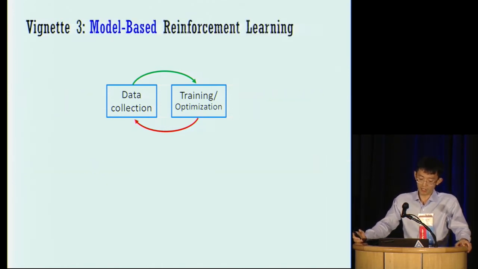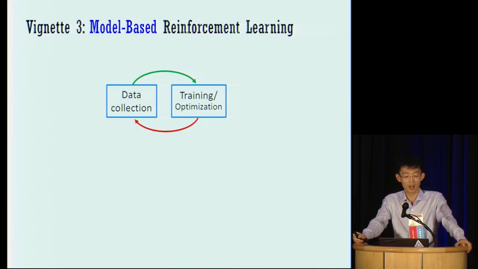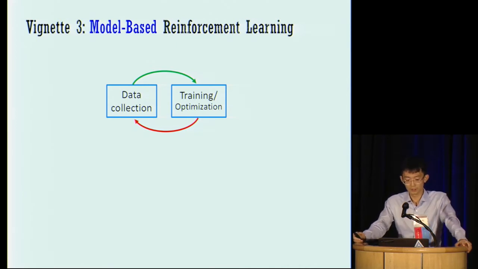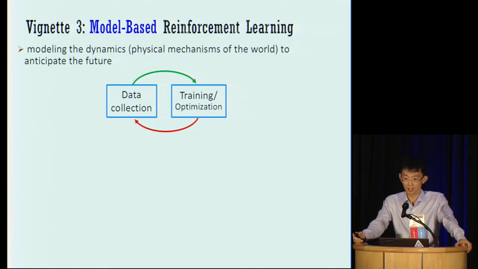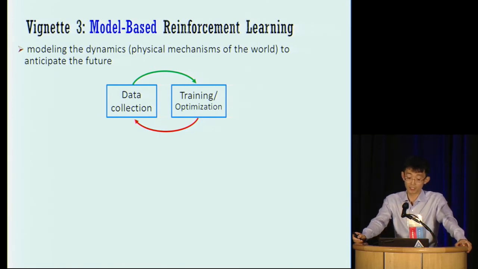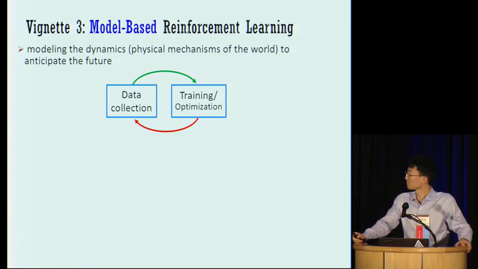So what I really want to talk about is model-based reinforcement learning. This is a new idea that can potentially solve this data efficiency problem. What I mean by model-based reinforcement learning is that we are modeling the dynamics of the physical mechanisms of the world, so that we can anticipate the future.